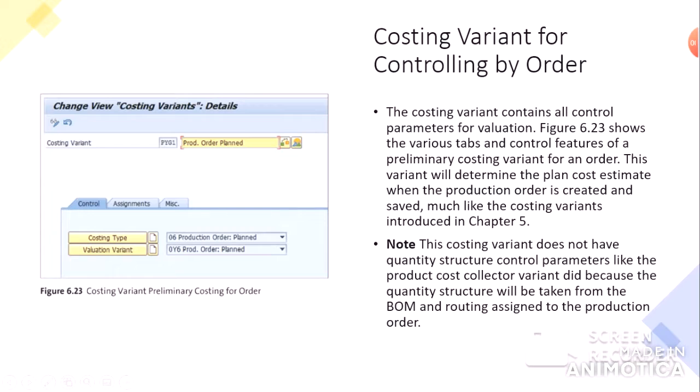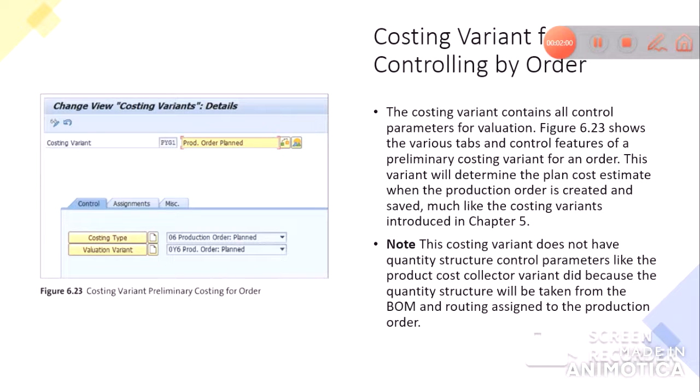Costing variant for controlling by order. The costing variant contains all control parameters for valuation. This figure shows the various tabs and control features of a preliminary costing variant for an order. This variant will determine the plan cost estimate when the production order is created and saved, much like the costing variants introduced in chapter 5.